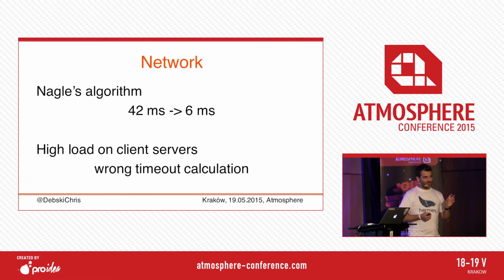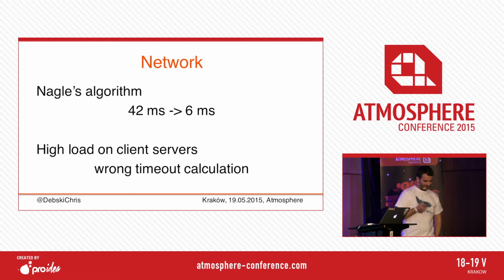Because with TCP, you have payload and headers. Headers are 40 bytes. If you have a really small payload, you try to put as many events as possible into one payload to optimize and to not send headers many times. And because of that, the system waited for more data. The data doesn't appear, so after about 40 seconds, it sent that data, and we had to wait about 40 seconds just for the network.